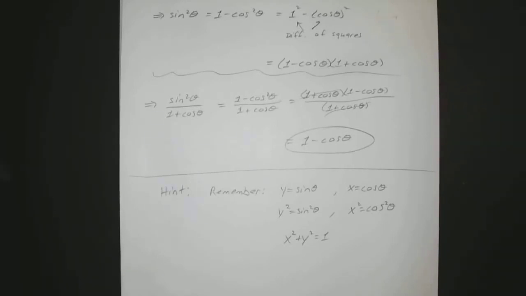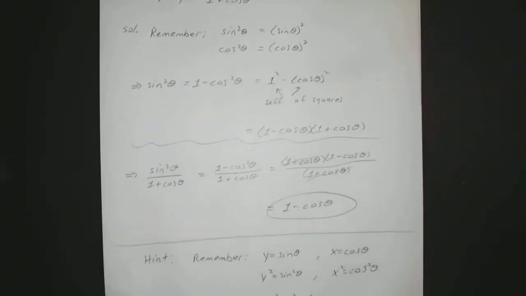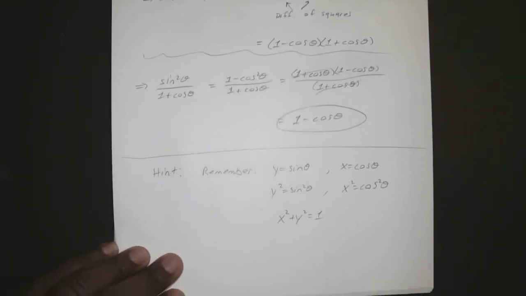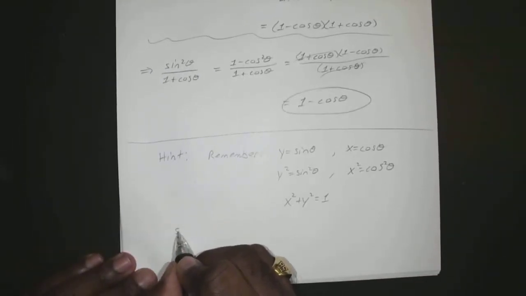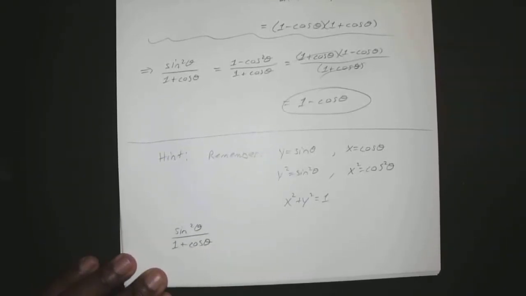Okay. So the reason I brought all of that up is because if you wanted to, you can replace your sines and cosines with x's and y's, to kind of point it out a little bit, where it looks a little more familiar. So you can have sine squared over 1 plus cosine of theta.